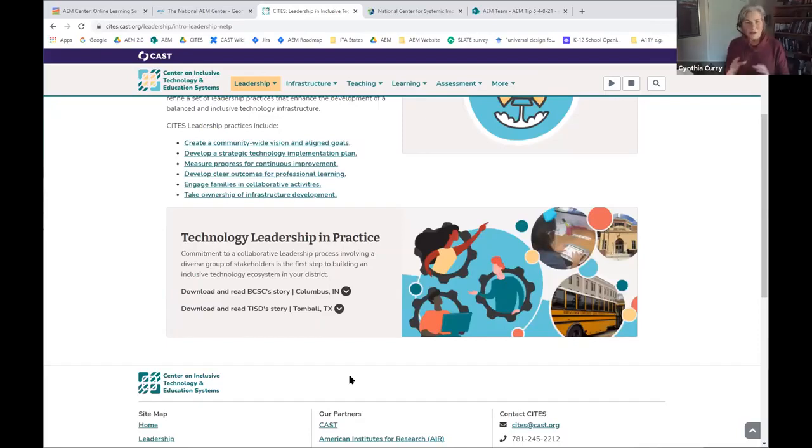Not to say that any one of these, leadership, teaching, learning, and assessment, and families, happens in that type of progression. It's a spiral. So while we are focusing on specific areas of a system that supports accessibility and inclusive technology ecosystems, we are really focusing in on certain aspects over time and spiraling around.